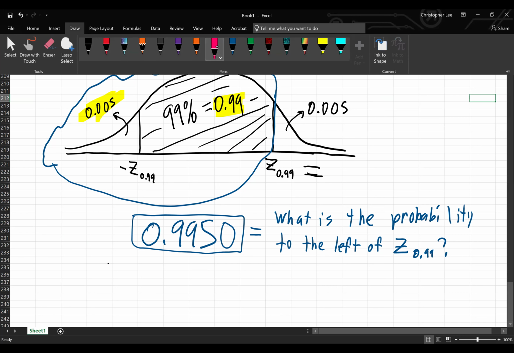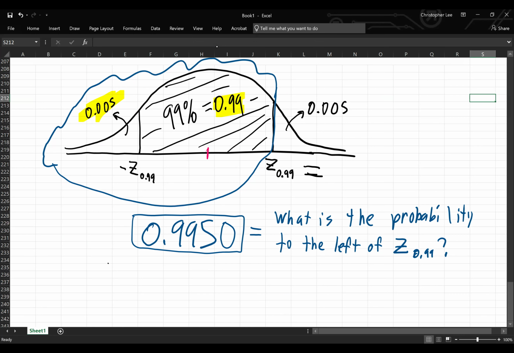You know that right here in the middle, the mean is 0, so anything to the right of 0 is positive, and anything to the left of 0 is negative, and this is to the right of 0. So it must be positive, right?